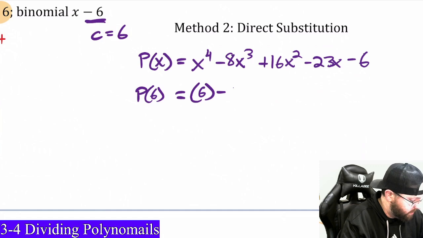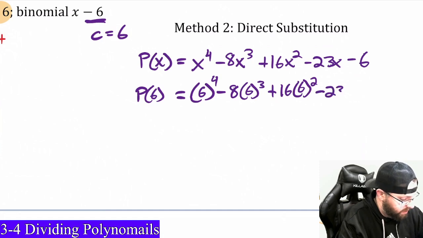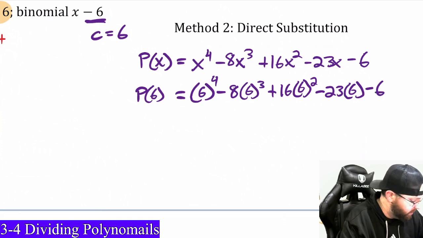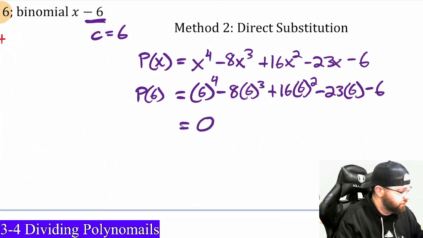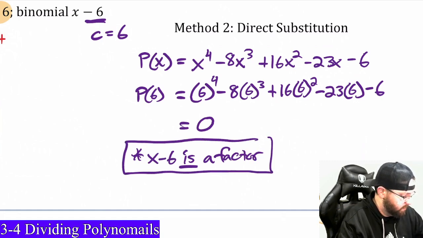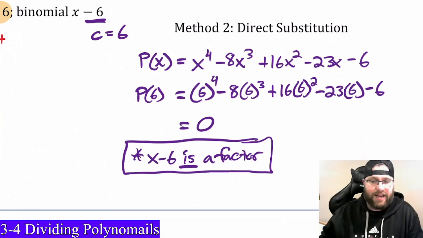If we subtract 8 times 6 cubed, add 16 times 6 squared, subtract 23 times 6, and then minus 6, if we plug all this into a calculator, we're going to get 0. So that tells me that x minus 6 is a factor. Okay, if we get anything other than 0, then it is not a factor.